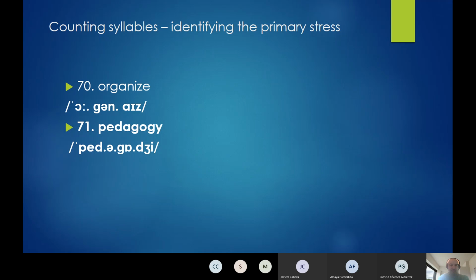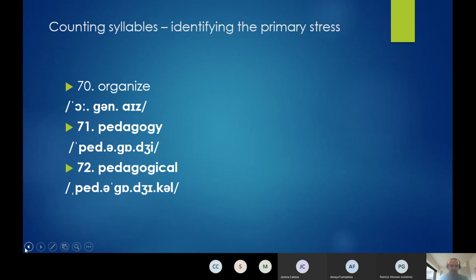Pedagogy has 4 syllables, and the first one is the most prominent one, as you can see here in this stroke, which is showing that ped is the most prominent syllable of the 4. The next one is pedagogical. As you can see, there is a shift of the stress from the first syllable in pedagogy to the third syllable in pedagogical.